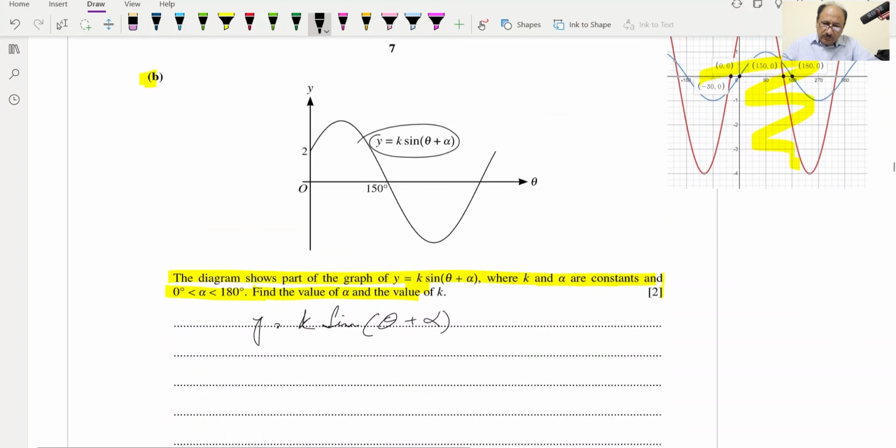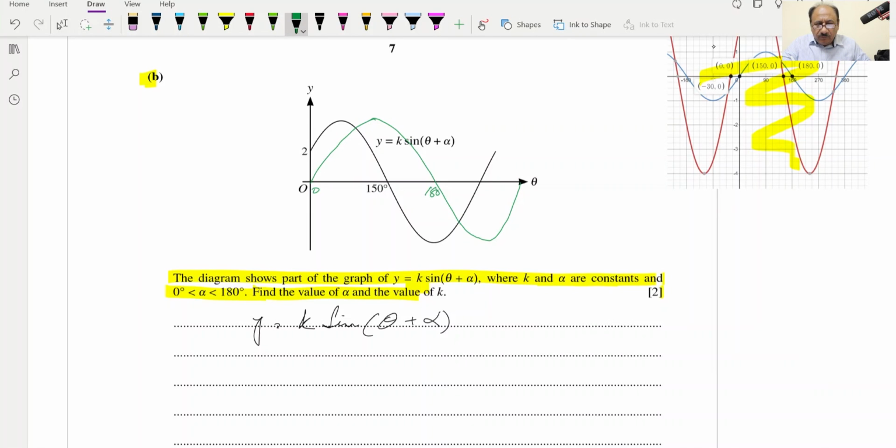So if we understand, the normal sine curve graph is like this one. If I draw it in portions, this will be the normal sine graph, and this point is 0 and this point is 180.